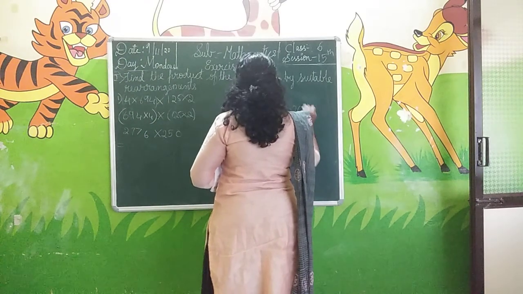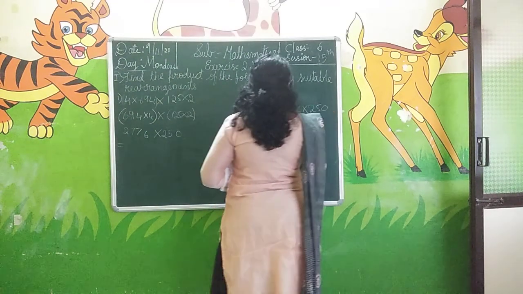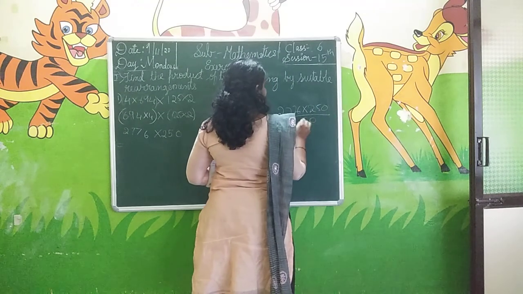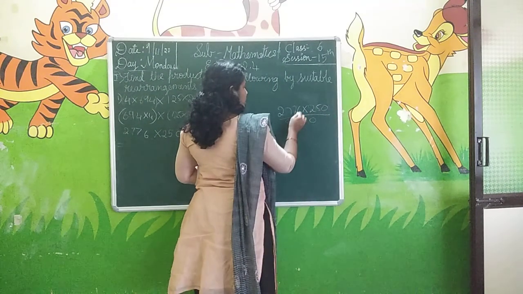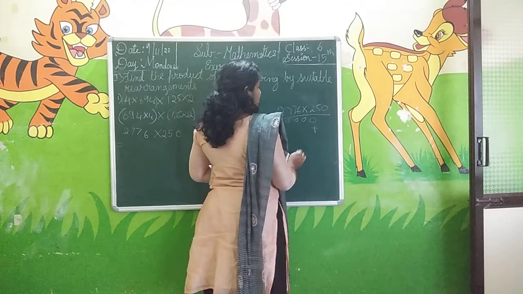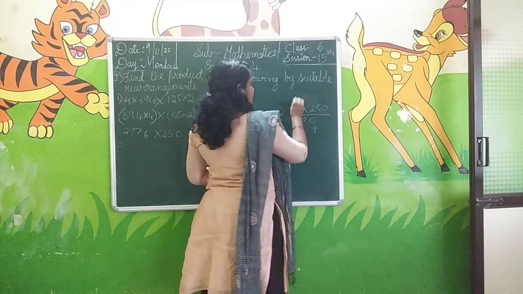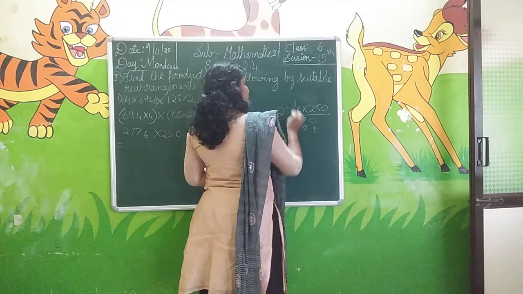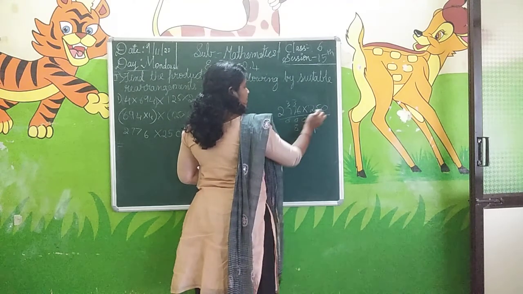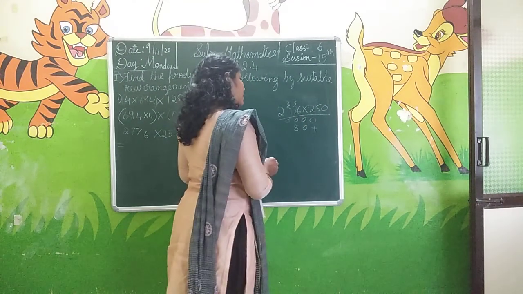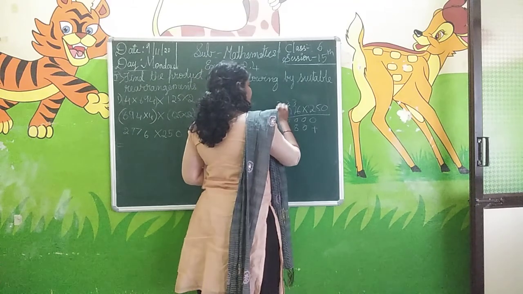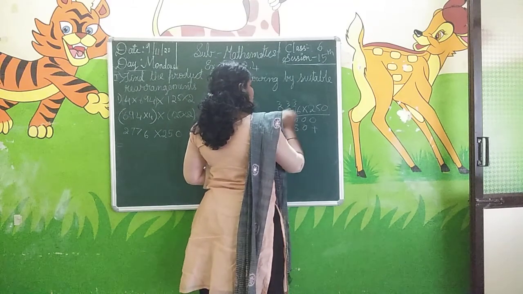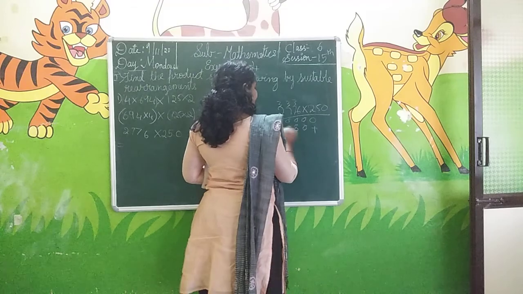2776 into 250. When you multiply by 0, we get 0 itself. Next go for the 5. 5 6s are 30, 3 carry, 0 here. 5 7s are 35, 35 plus 3 is 38, 3 carry, 8 here. 5 7s are 35, 35 plus 3 is again 38, 3 carry, 8 here. 5 2s are 10, 10 plus 3 is 13.